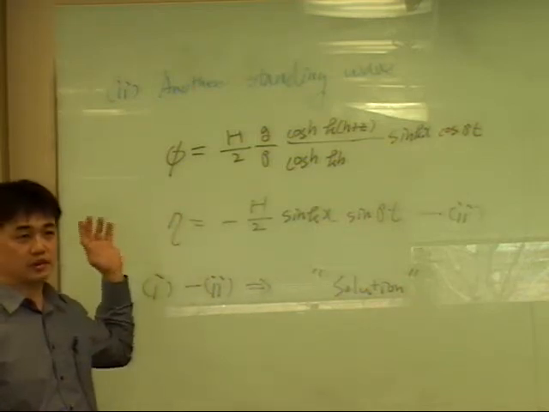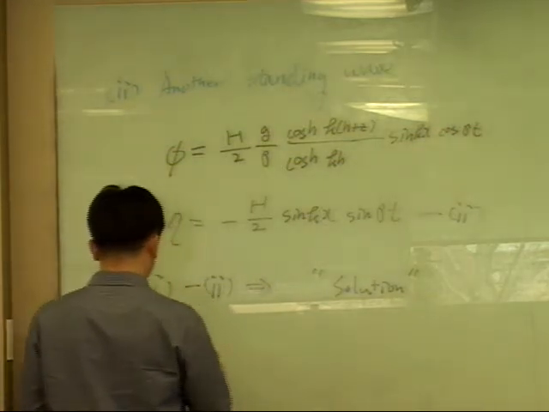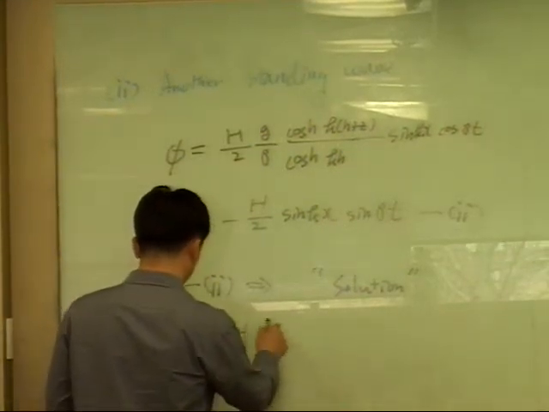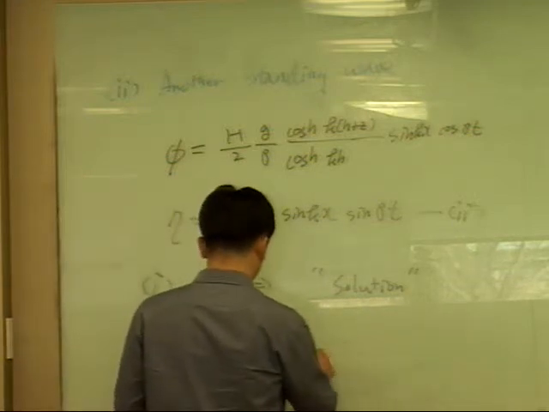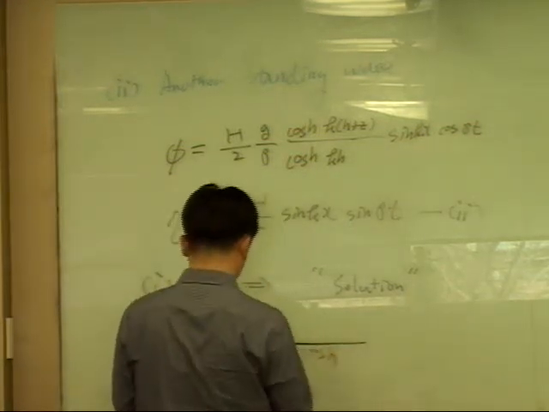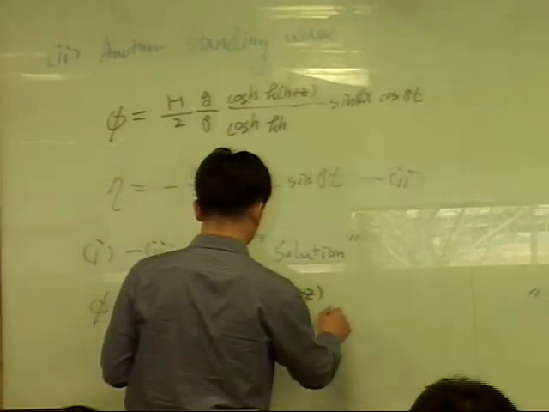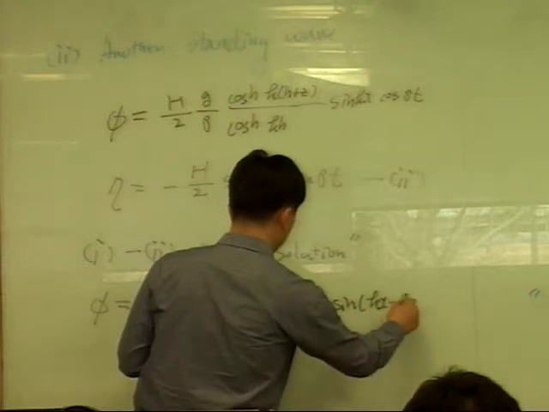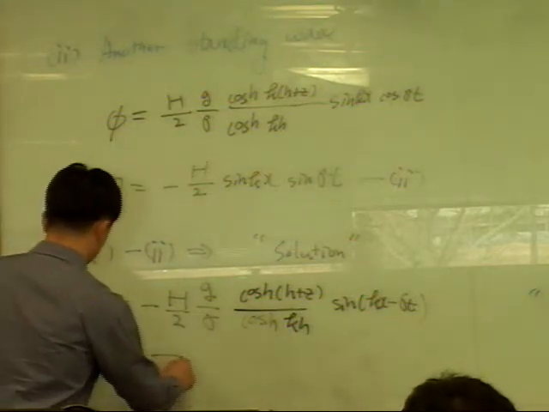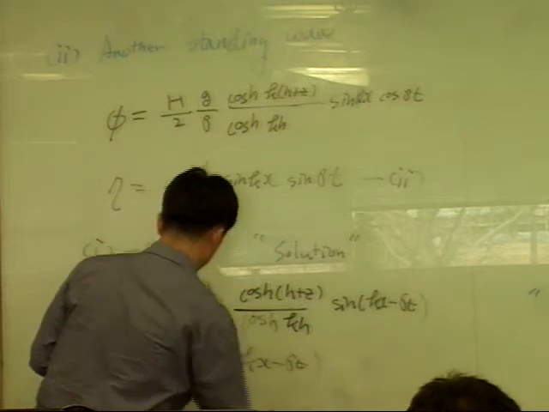If you sum both, or subtract or multiply by something and sum, then if you do this process, we're going to have another solution: g sigma cosh kh cosh plus g sine kx minus sigma t, and H cosine kx minus sigma t.